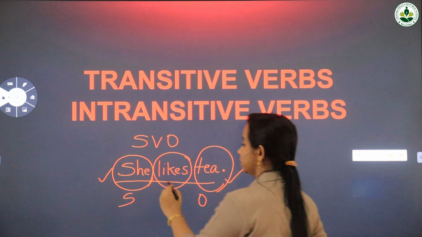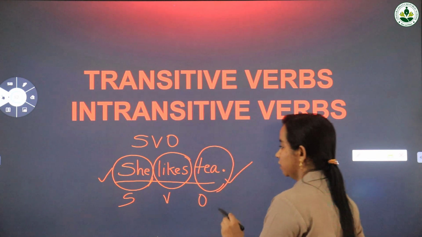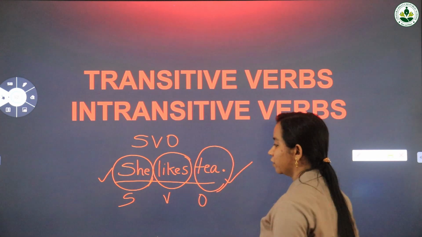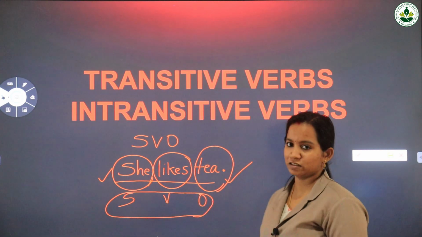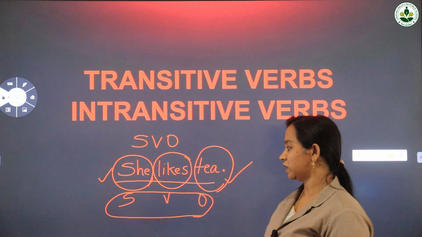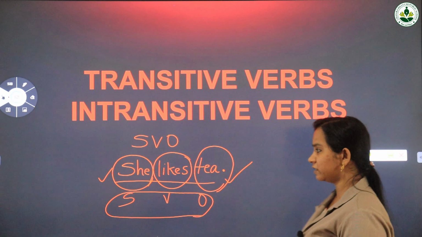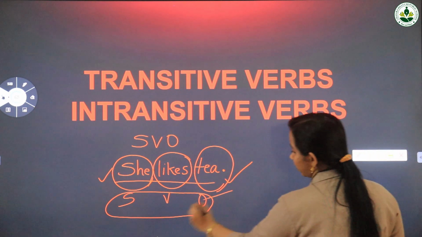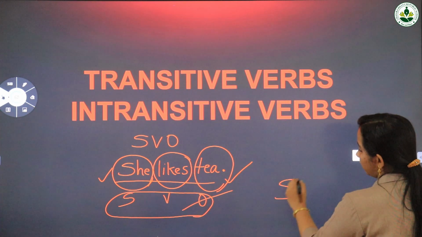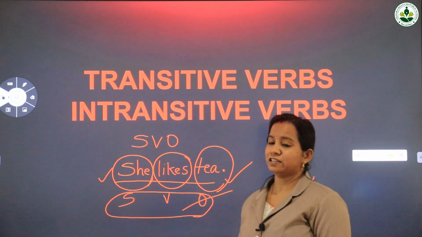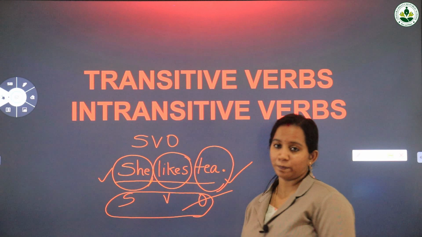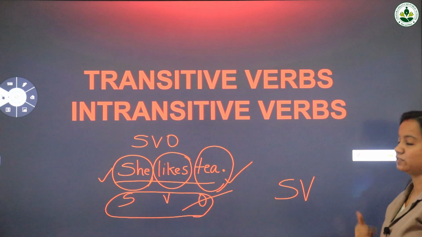So here she is the subject, tea is the object and we do have a verb. So this is the major pattern. Most sentence in English comes under the pattern subject, verb and object. And there are certain sentences that do not need an object. So the pattern will be SV pattern. Okay. So either most of the sentence in English will be in SVO pattern or otherwise SV pattern.